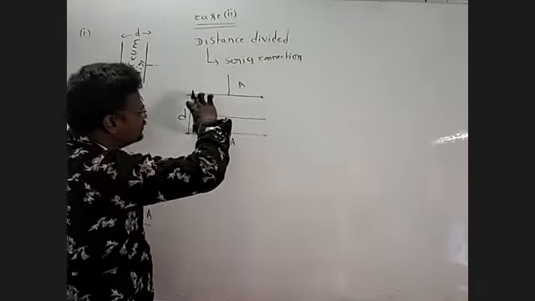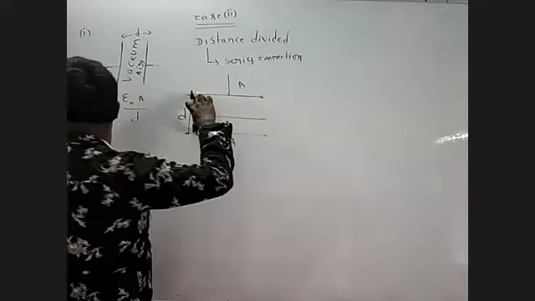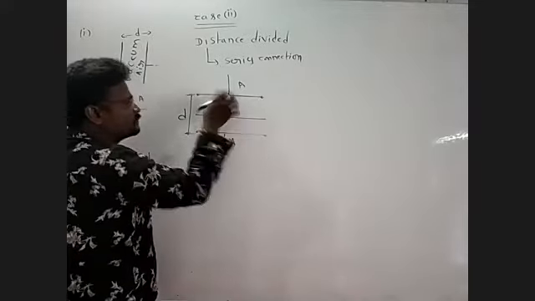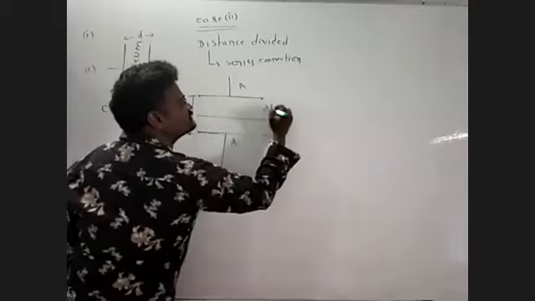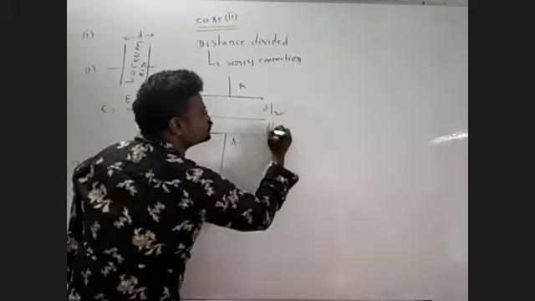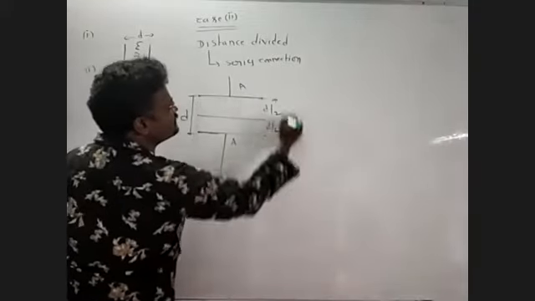Now you will see this is the total D. This D can be divided into two parts, this is one part and this is one part. Each is D by 2 distance. What is the total distance?